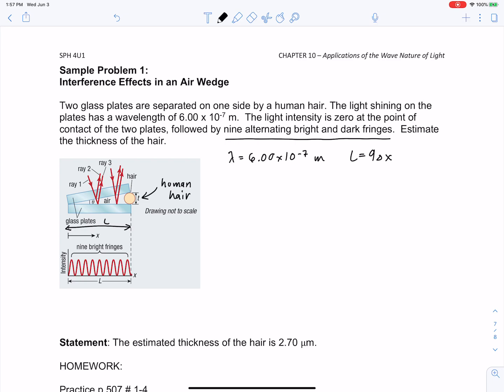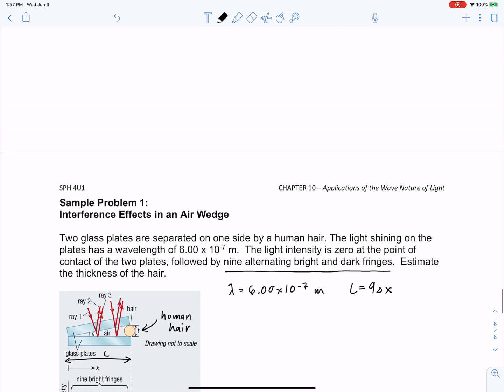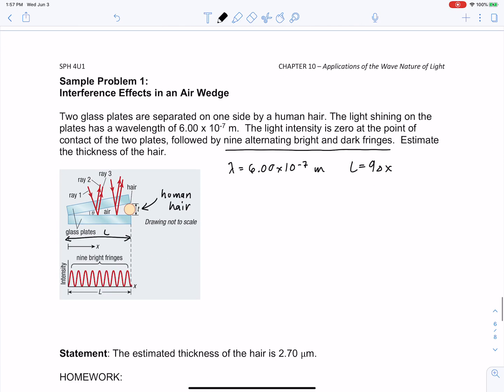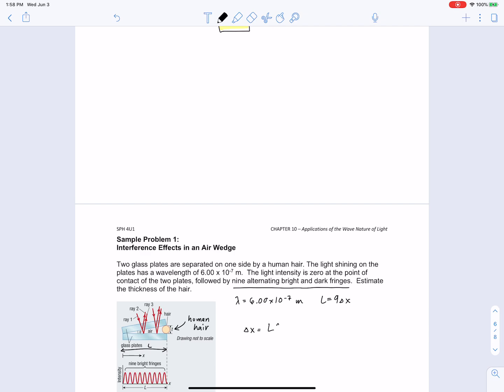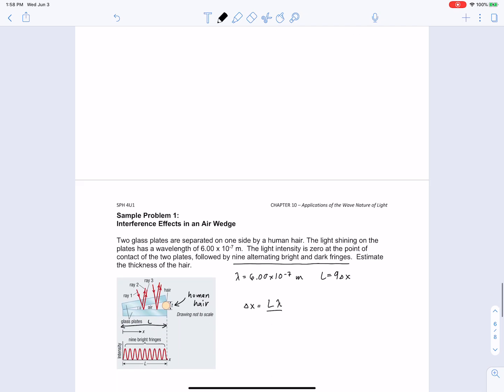That is the separation distance between the dark fringes. So we know from up above that our equation tells us that delta x is equal to L lambda over 2t.